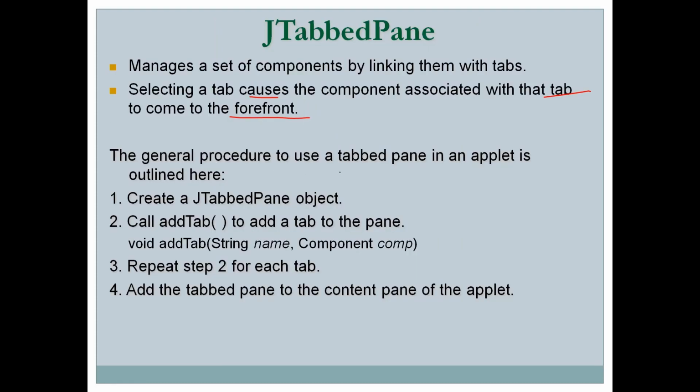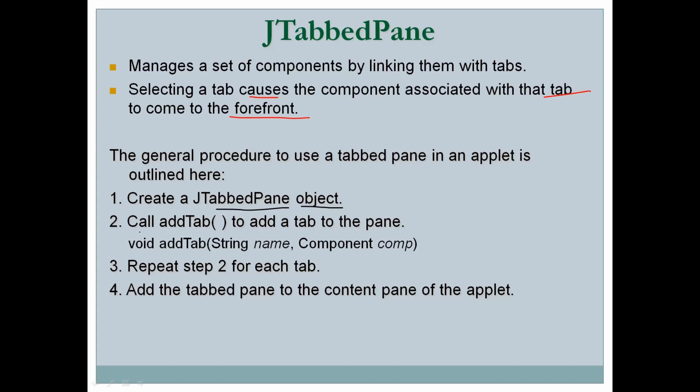General procedure to use a tabbed pane in an applet. Now let us see the general procedure to create a tabbed pane. The first step is to create a tabbed pane object. If you want to create a tabbed GUI, the first thing is we need to create a tabbed pane object.